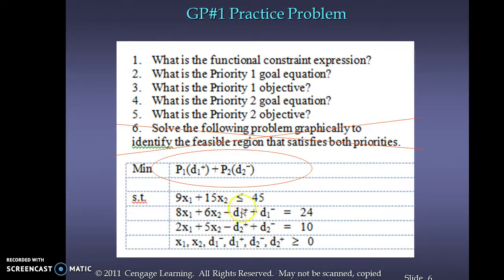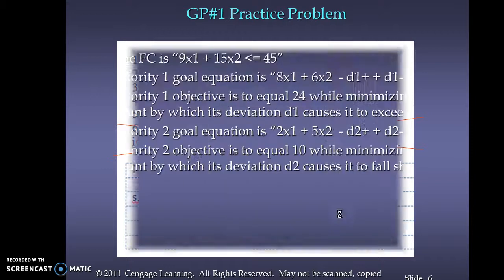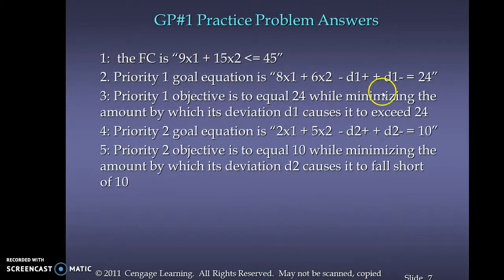So subscript D1 means it's associated with priority 1. Subscript D2 means it's associated with priority 2. So the answer to questions 2 and 4 are very easy. Priority 1 goal equation is this: 8x1 plus 6x2 minus the deviation D1 plus D1 minus equals 24.